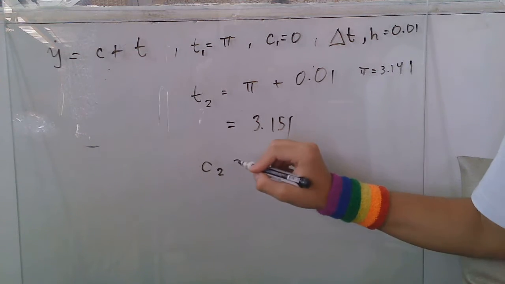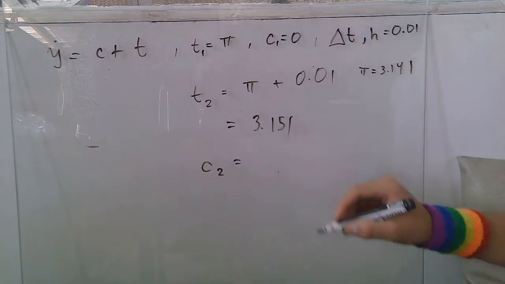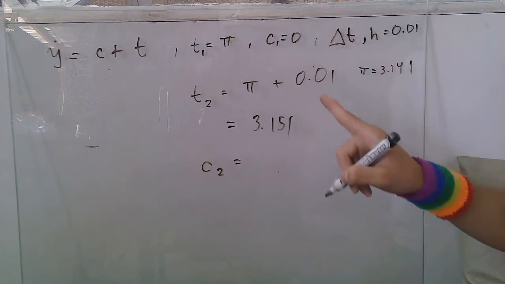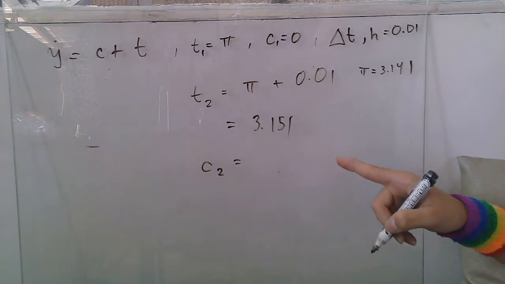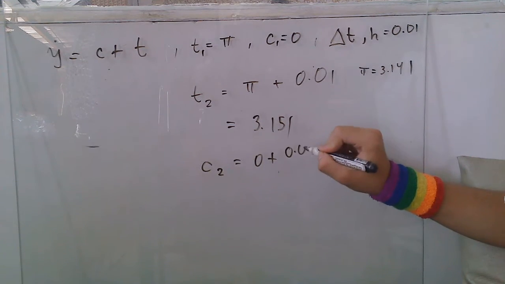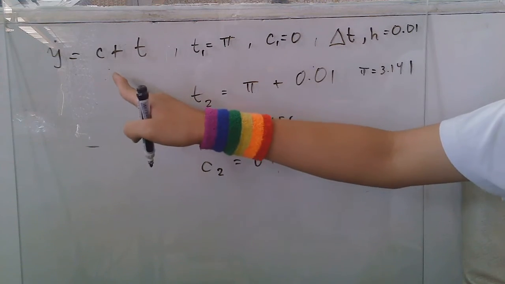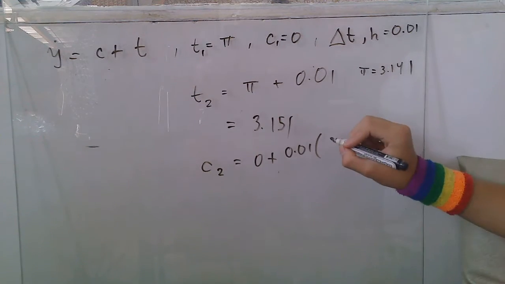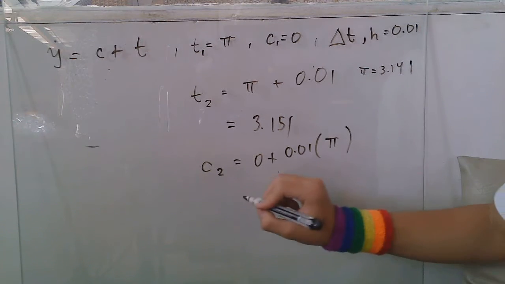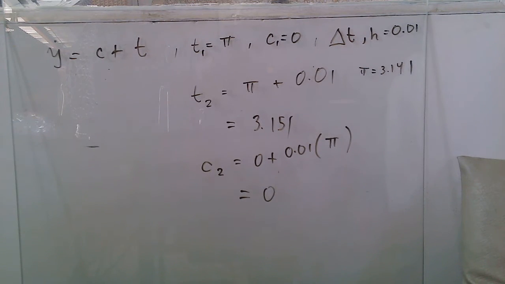Okay. So that is 0. It's actually 0. 0 plus 0.01 times our input. So we just put C and pi over here. So that's just pi. Pi times 0.01.